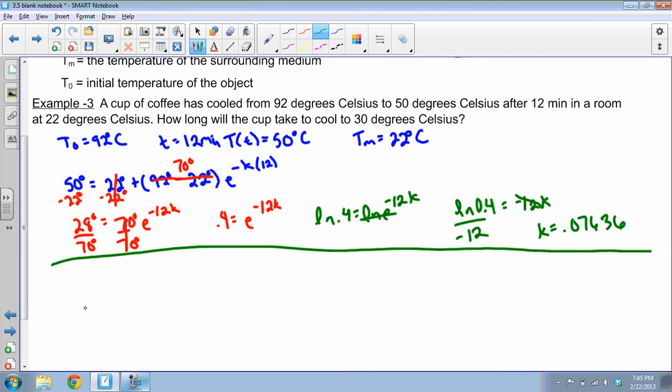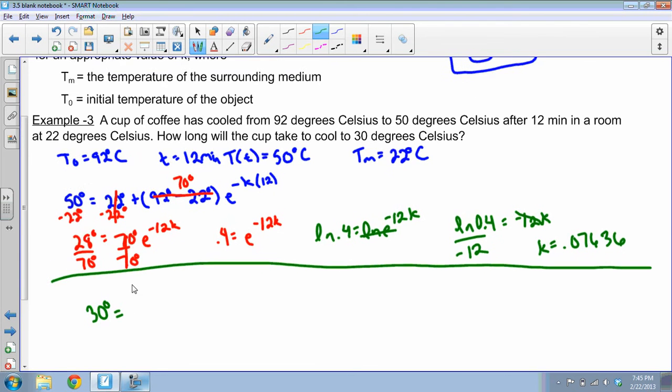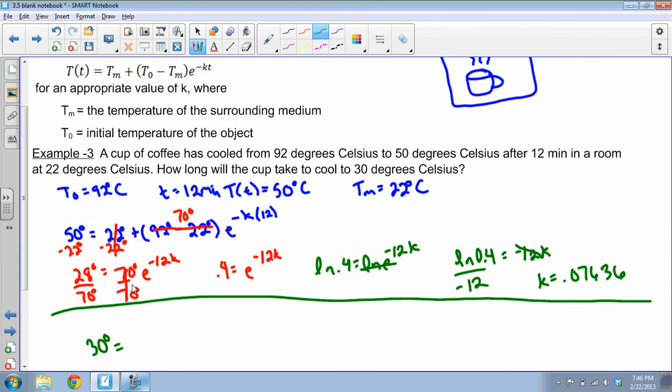We want to know now how long it will take the cup to cool to 30 degrees Celsius. So our T of t now is 30 degrees. That's how much we want it to get to. Now I don't even remember what the formula is. T of M, the medium that we're in, is the same. It's still a room at 22 degrees.